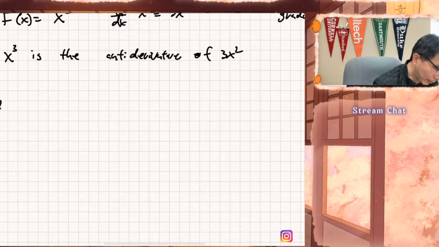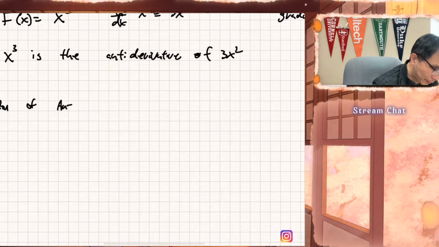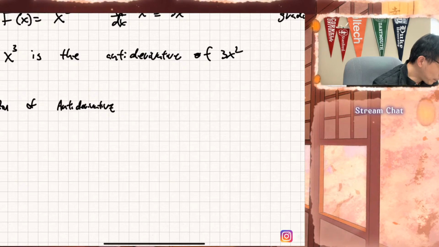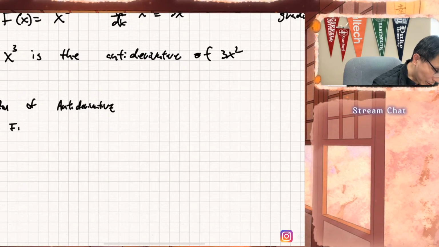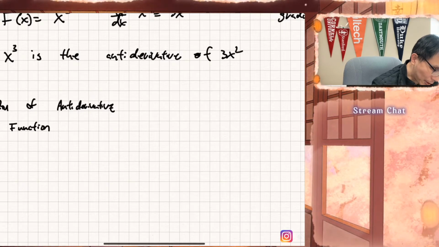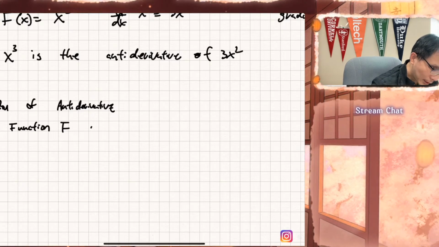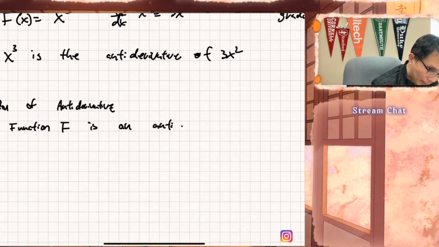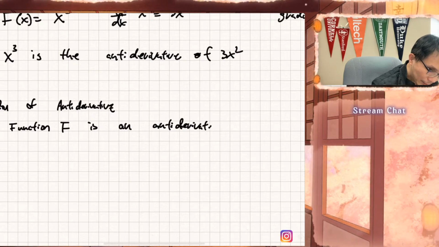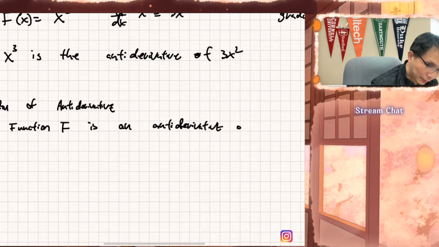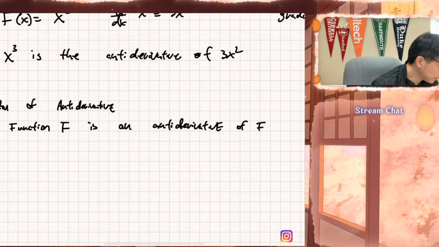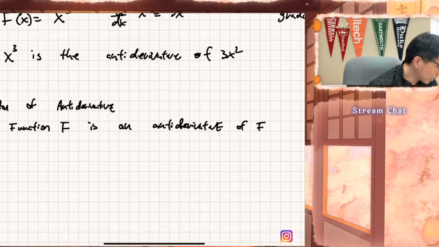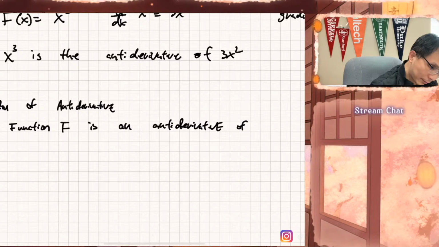Definition of antiderivative. It's basically a function, and that's not any function. This function is called big F. It is an antiderivative of small f.